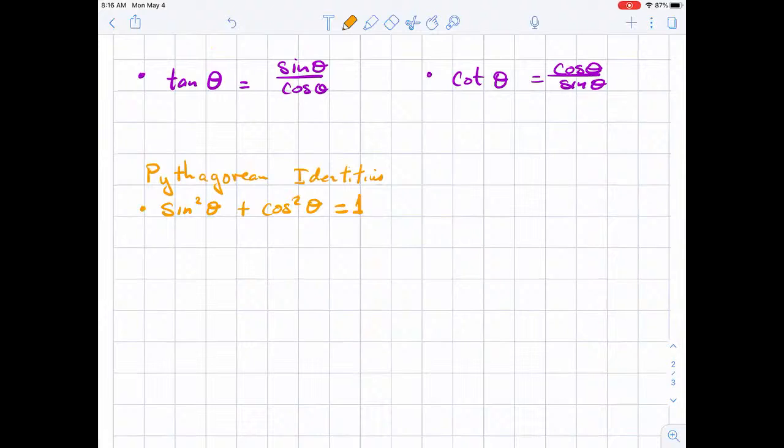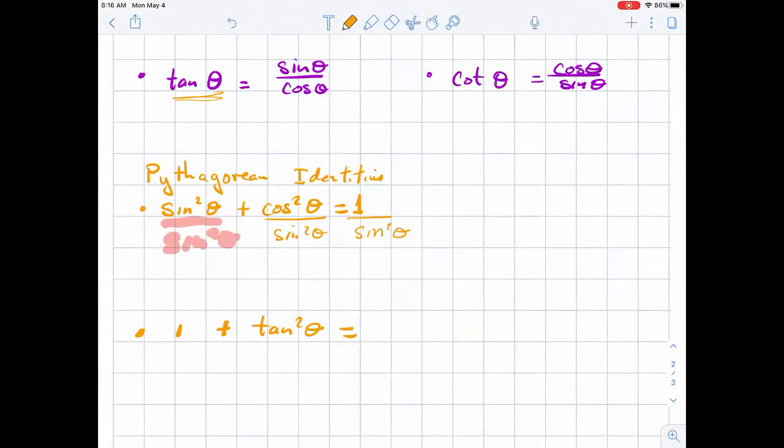For example, if you take this and you divide it by sine squared theta, you'll get 1, right? So then I have 1 plus cosine squared theta divided by sine squared theta. Cosine squared divided by sine squared is tangent squared, isn't it? So then this becomes tangent squared theta, and 1 over sine squared theta.